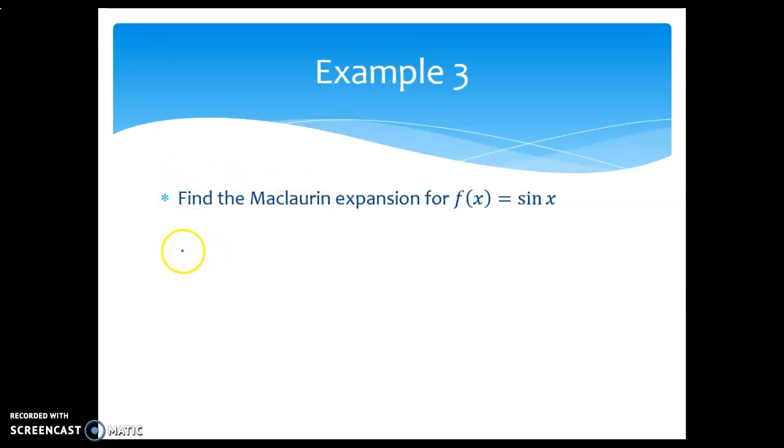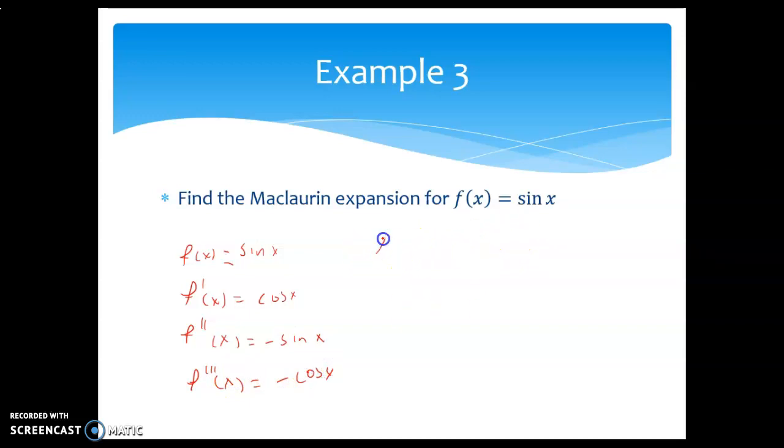So here we're going to say f of x is equal to sine of x, and then f prime of x is equal to cosine of x, and then f double prime of x is going to be equal to negative sine of x, and then f triple prime of x is going to be equal to negative cosine of x.